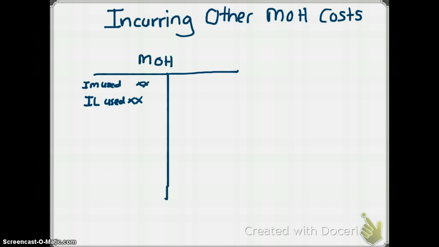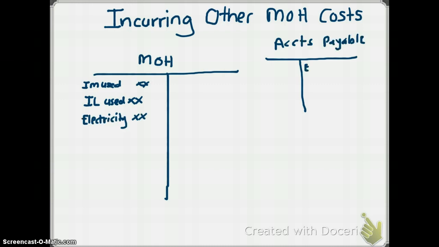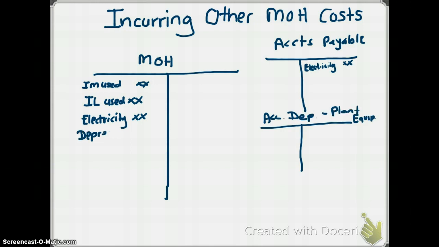Now where they get credited will depend on the particular type of cost. Let's say if it's an electric bill or utility bill, you would probably use accounts payable. So you would debit your manufacturing overhead account and you would credit your accounts payable. Then you may have things like plant depreciation, depreciation on plant equipment. For that, you would debit manufacturing overhead for the depreciation expense and you would credit your accumulated depreciation for your plant and equipment.